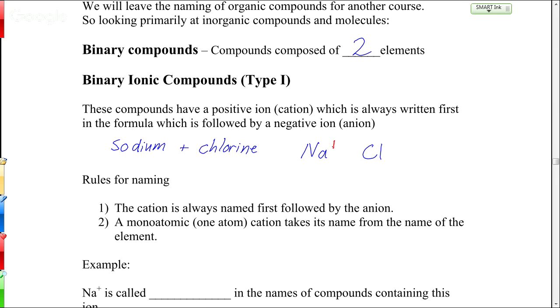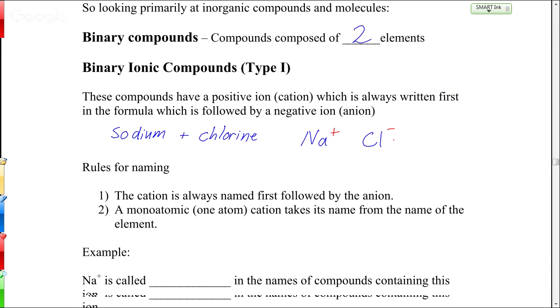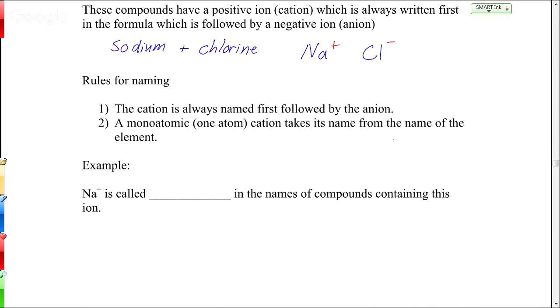So in this case, we can actually know their exact charges. We know that sodium's going to be +1, chlorine's going to be -1 because of where they are in the periodic table. And then to name them, the cation is named first, and the cation actually doesn't change its name. So Na+ is called sodium. Just like Na neutral, with all its electrons, is called sodium.